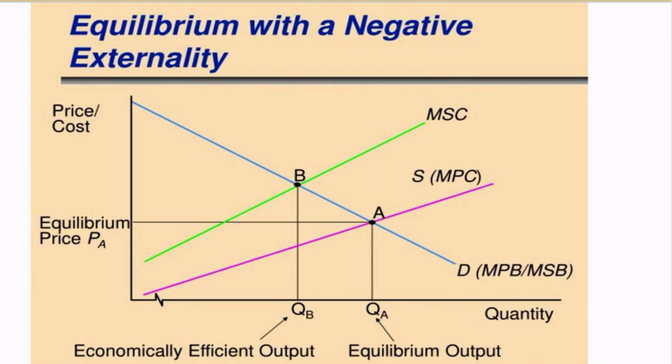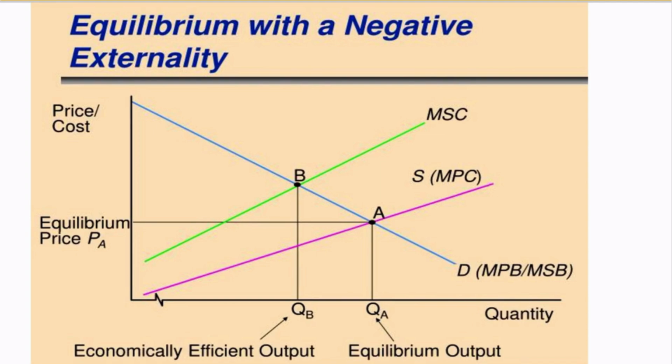This equilibrium, which is denoted by point A, is obtained by the intersection of the demand curve, which is reflecting the marginal private benefit, and the supply curve, which is reflecting the marginal private cost.